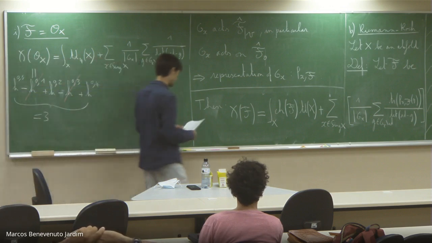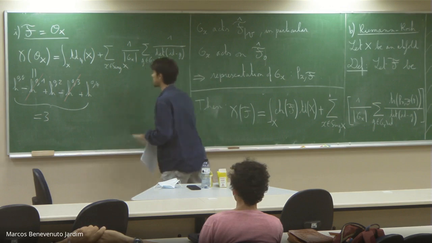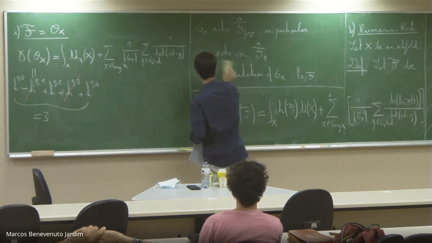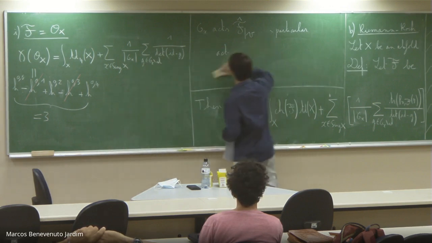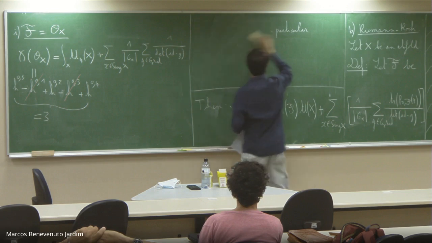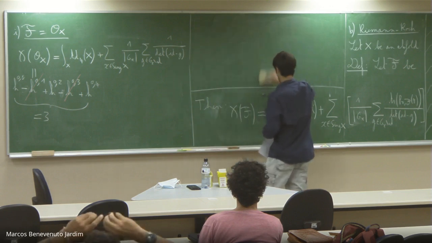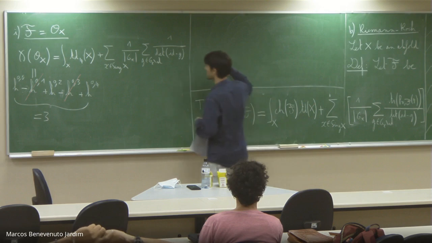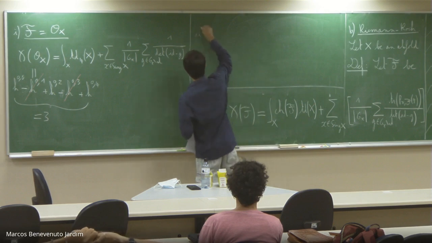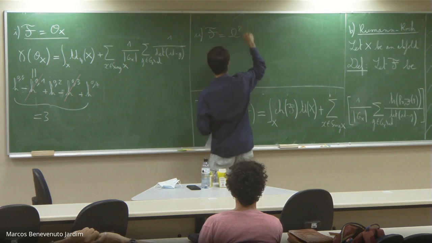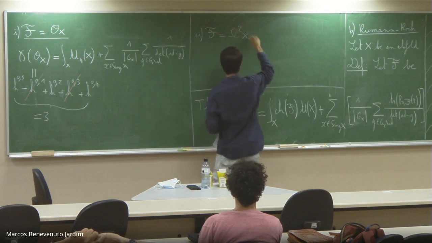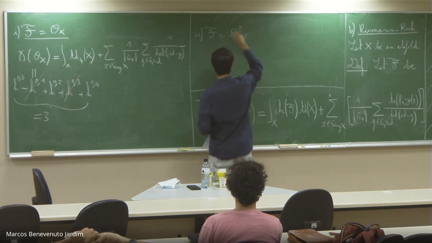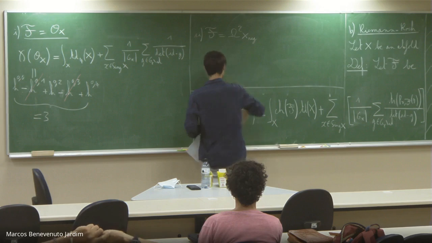Okay, now let's apply this theorem again, but with another locally free sheaf. So we can apply it to, for example, Omega^2_X. Yeah, it's a little bit different than that.